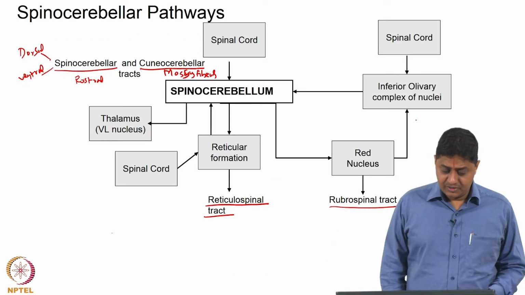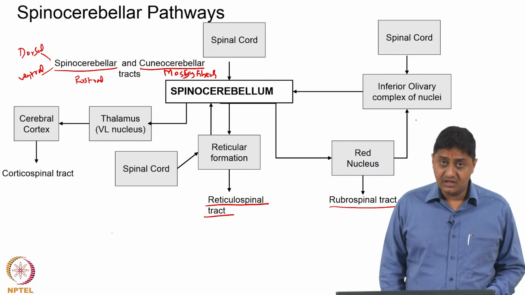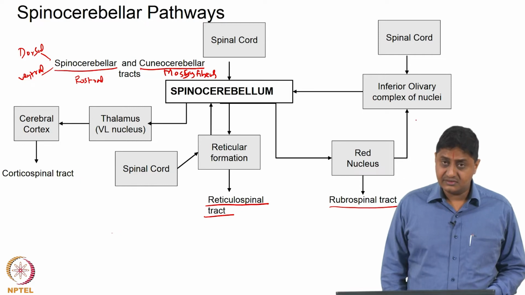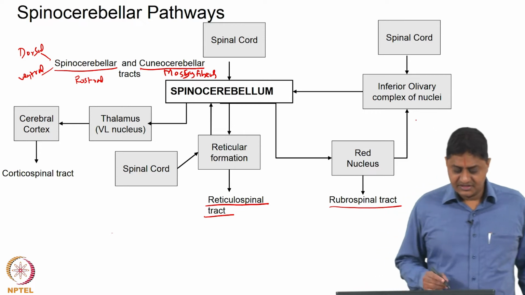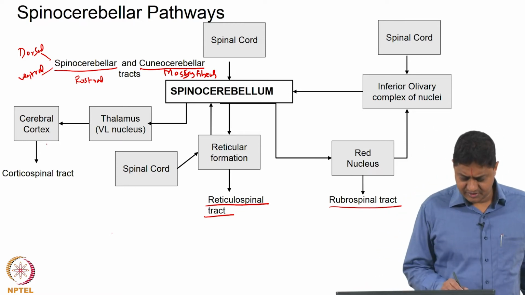The other output is to the ventrolateral thalamus, and from the ventrolateral thalamus to the motor areas of the cerebral cortex. This is the premotor area and primary motor cortex.